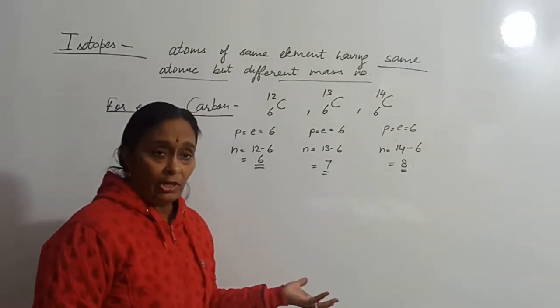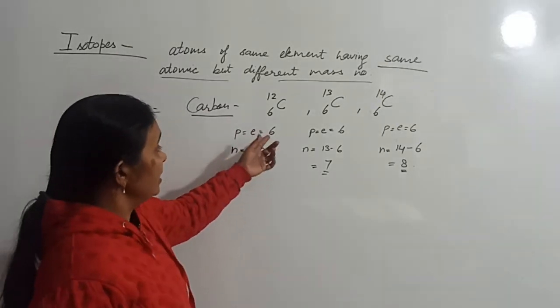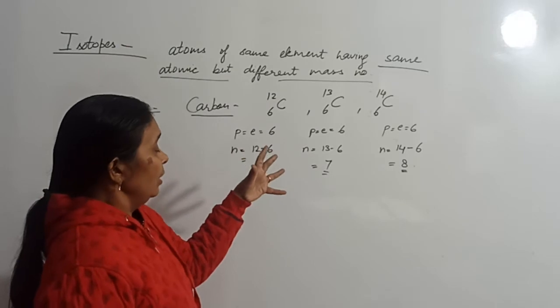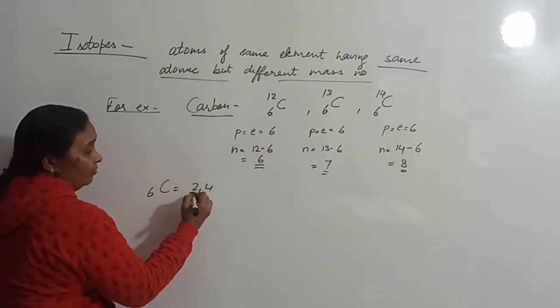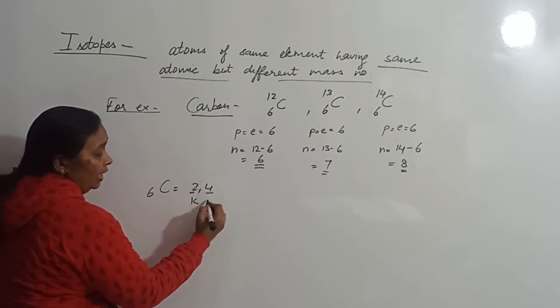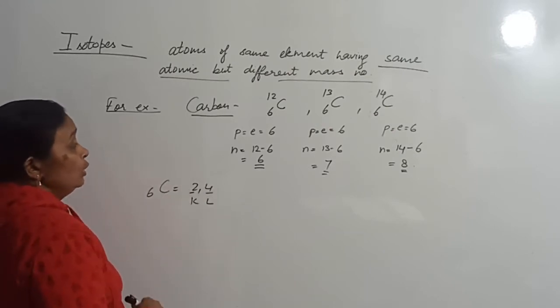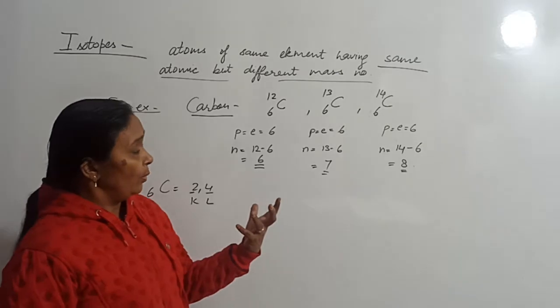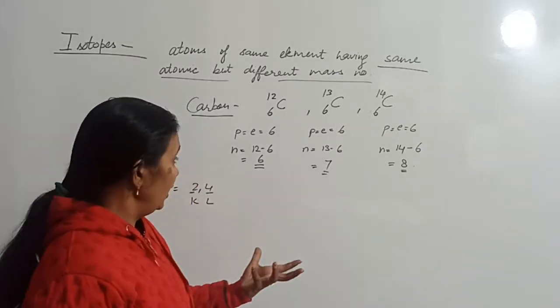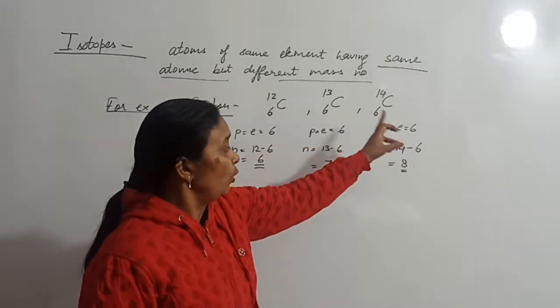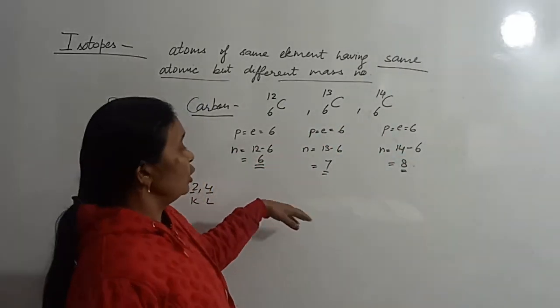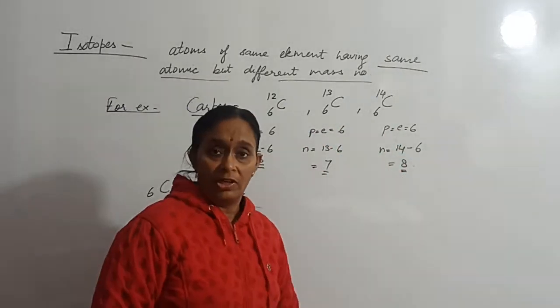When you draw the structure, you will show these 6 electrons in the shells: 2 in the first shell, K shell, and 4 in the L shell. Inside the nucleus you will have 6 protons, and neutrons you will keep increasing, 6, 7, 8 every time.